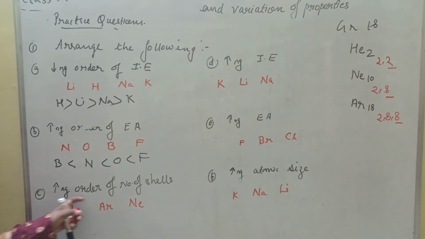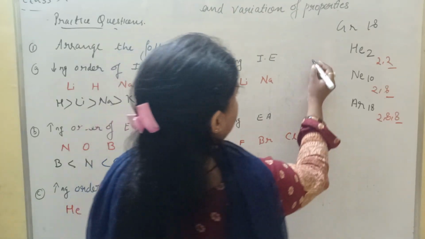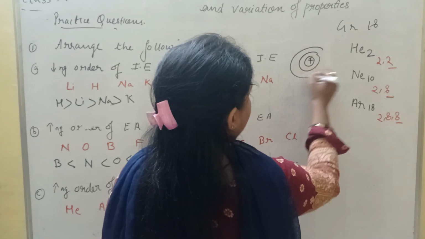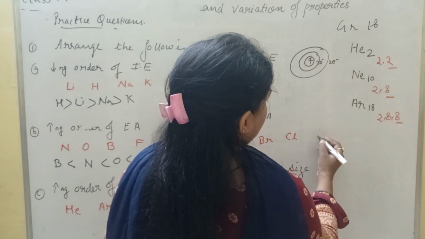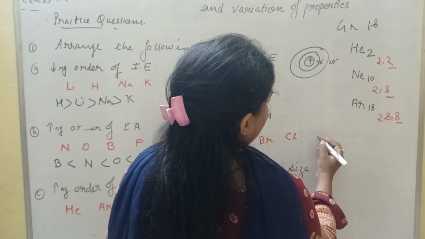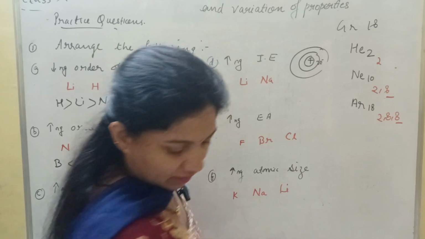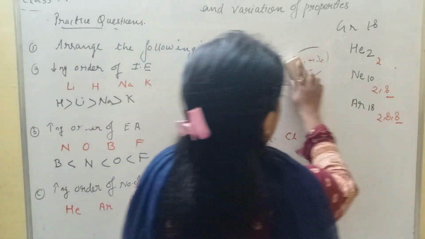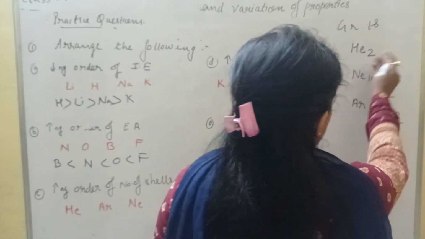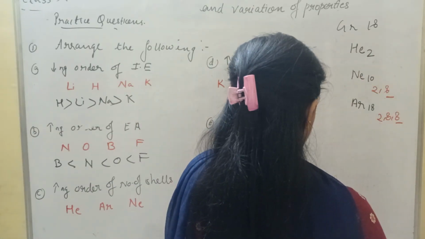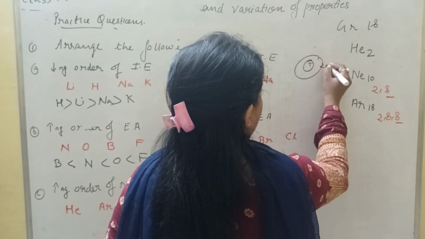So what we have to do, increasing order of number of shells. So let's draw the structure. Sorry, helium has only 2 electrons, so only 1 shell it is having. Helium configuration is 2 electron.